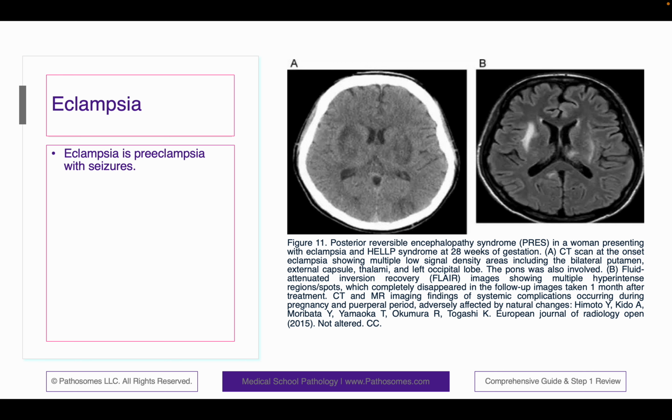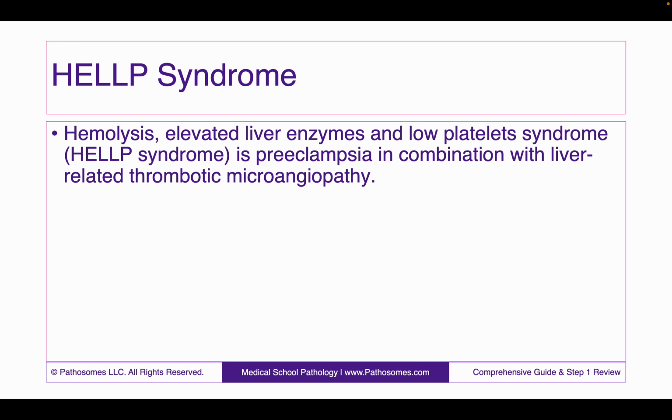And we can see that this eclampsia is actually a part of another condition that we're going to touch upon early, but I'd like to guide you to this image that's showing a CT scan of the onset of eclampsia, showing multiple low signal density areas in A, and then fluid attenuation in B. Now, HELLP syndrome, hemolysis, elevated liver enzymes, and low platelet syndrome is preeclampsia in combination with liver-related thrombotic microangiopathy.